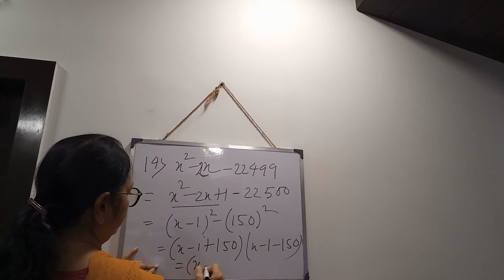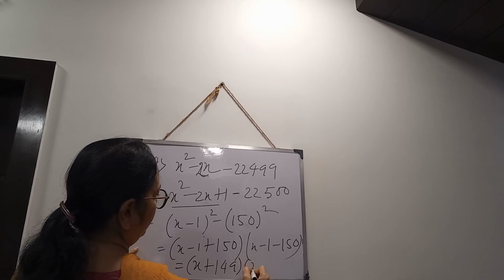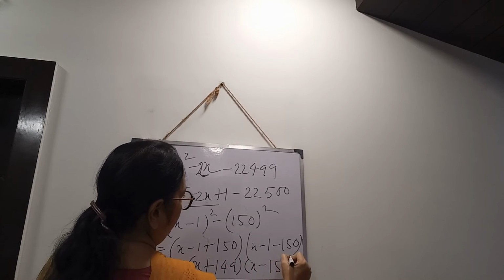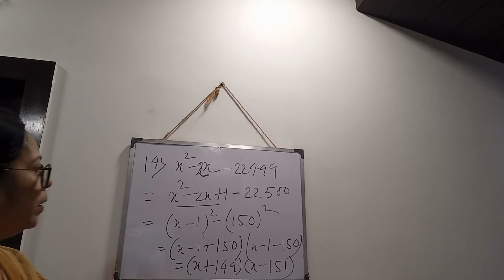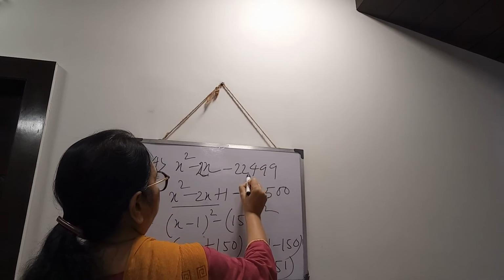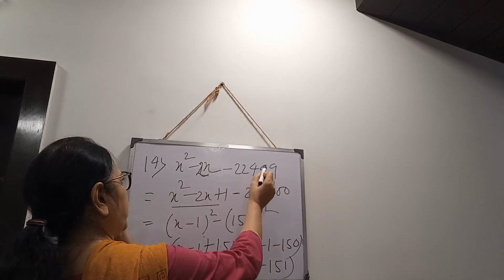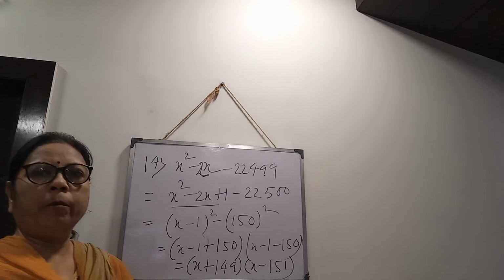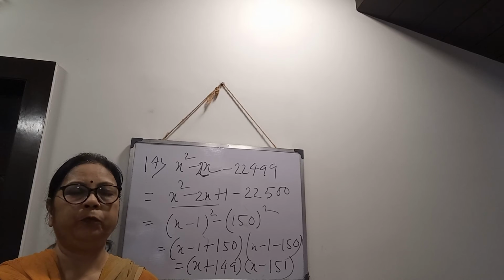So my answer is x plus 149 and x minus 151. This I have done in this way. If you want, you can find out the factors of this. You will see 149 and 151 will come. Then by using this, you can do the middle term factor also. Clear?